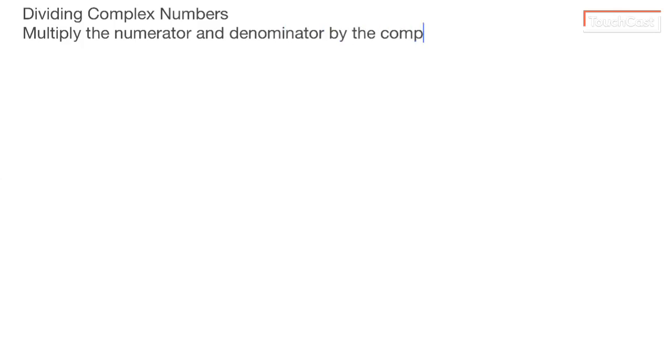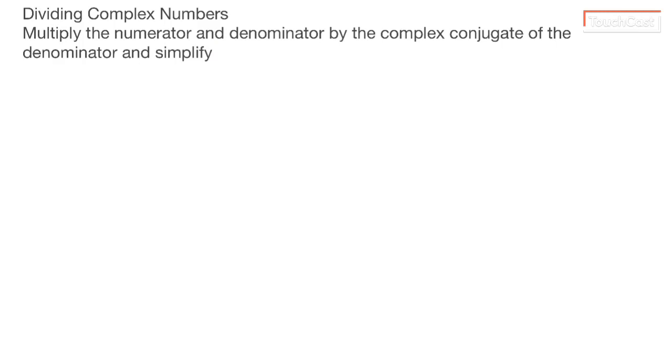So the process of dividing complex numbers is to multiply the numerator and denominator by the complex conjugate of the denominator, and to simplify. So let's look at an example.